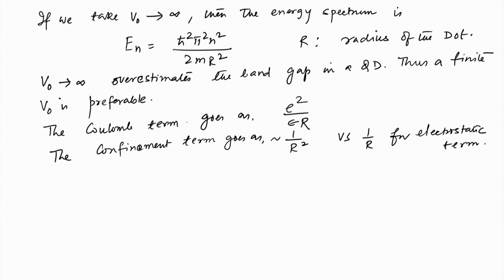Which means that as r goes to 0, the confinement term, which is 1 over r square, dominates compared to the electrostatic term, which goes as 1 over r.